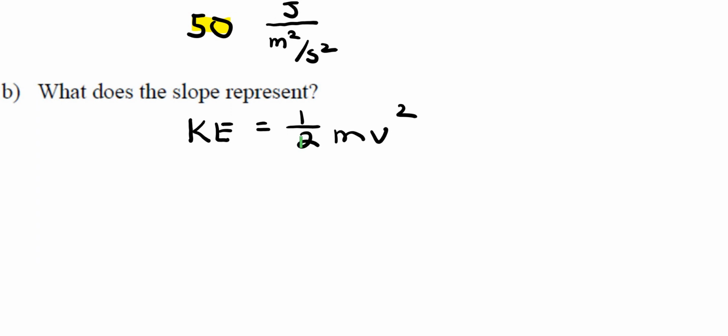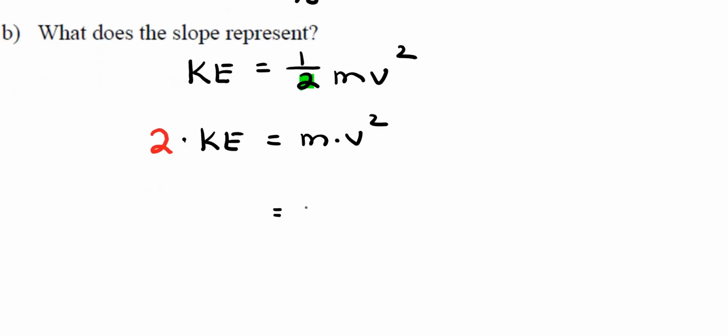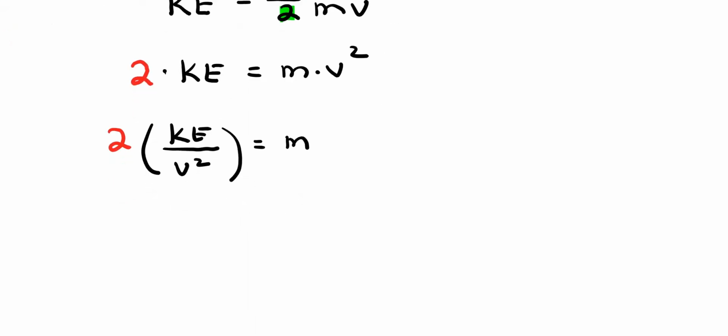Okay, if I want to get rid of this 2, I can multiply the left-hand side by 2, so I get 2 times the kinetic energy equals the mass times your speed or velocity squared. And then if I divide both sides by the velocity squared, I get mass equals 2 times, on the left-hand side, I will just write this as kinetic energy divided by v squared.